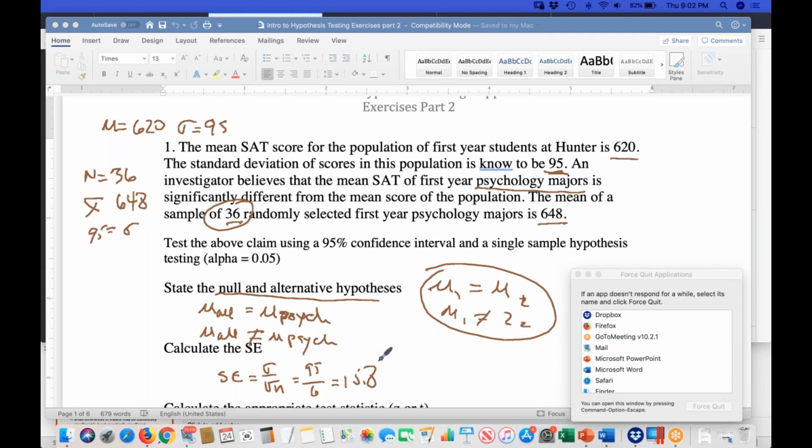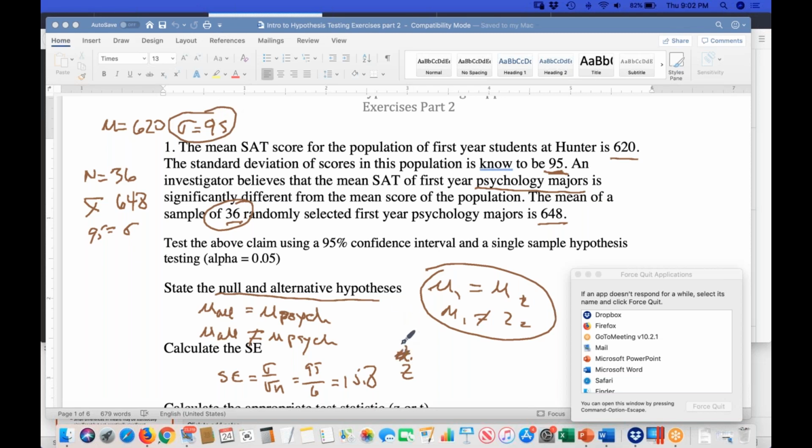Now we're going to take a look at how far apart these two means are. First of all, should I use Z or T here? The sample was 36, but what did we say we knew? The standard deviation.